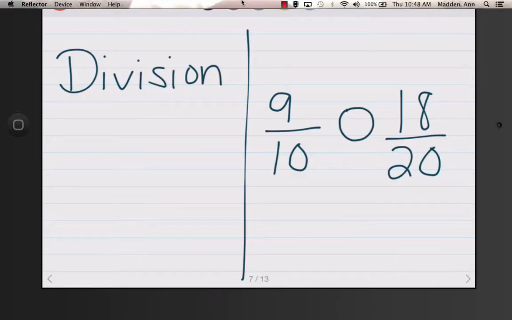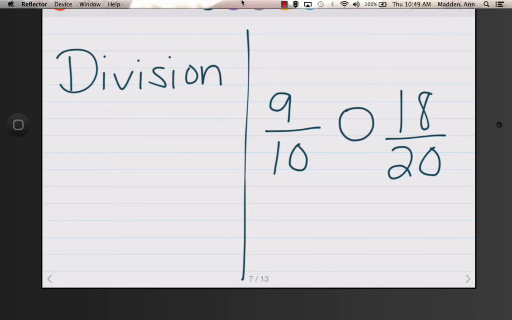Now, division is one that you will not be allowed to use in the classroom. But if comparing fractions ever comes up on the MCA or the MAP test and you are allowed to use a calculator, that is another option that you have. You could cross multiply or you could divide. So let's first look at the first one. I've got my calculator out.